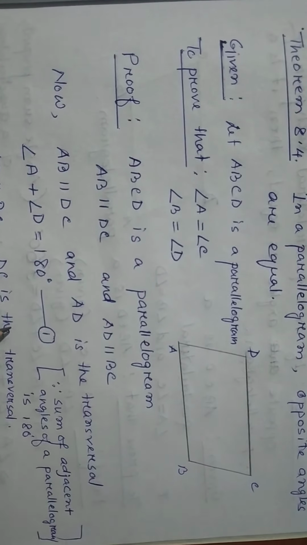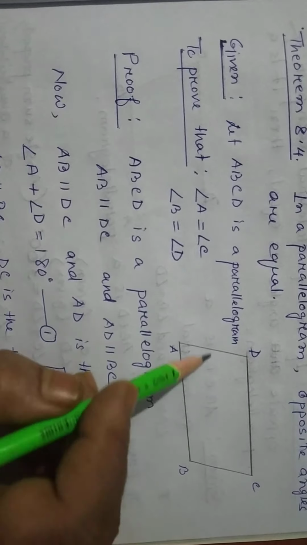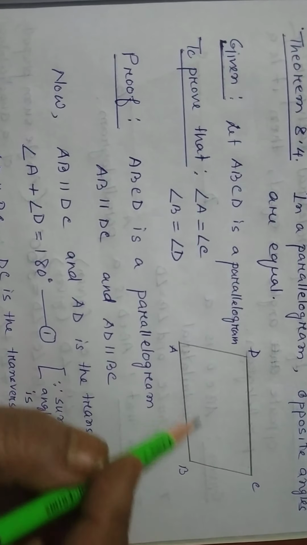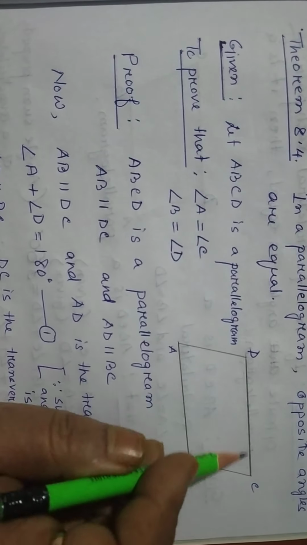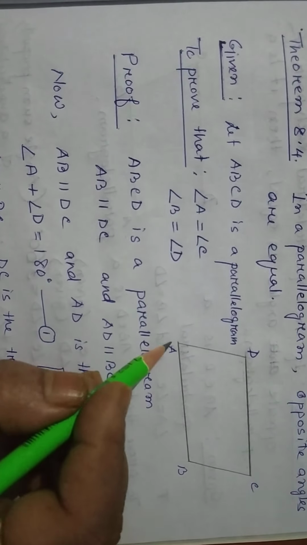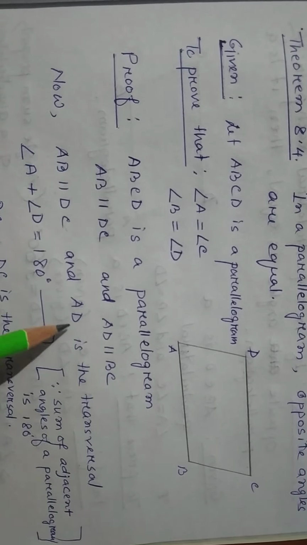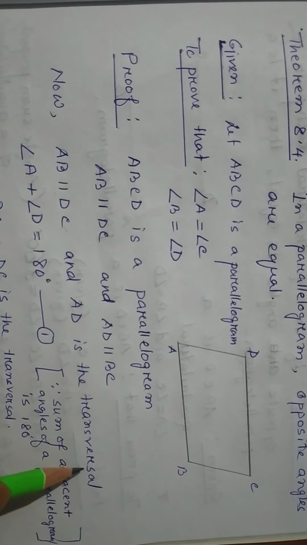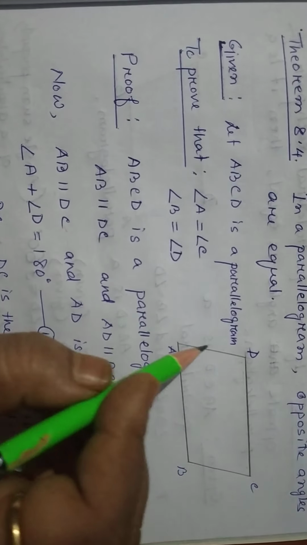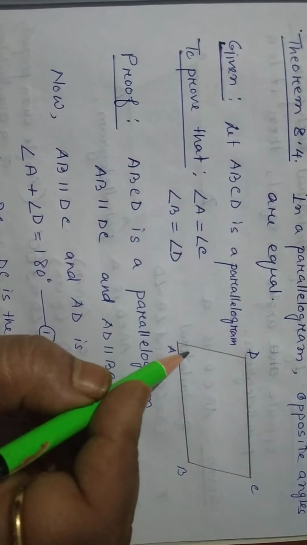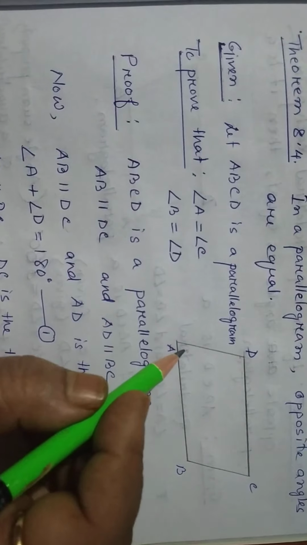Now, ABCD is a parallelogram, and if it is a parallelogram, opposite sides are parallel. That means AB parallel to DC and BC parallel to AD. If AB parallel to DC and AD is the transversal, then this angle and this angle sum is equal to how much? 180 degrees.